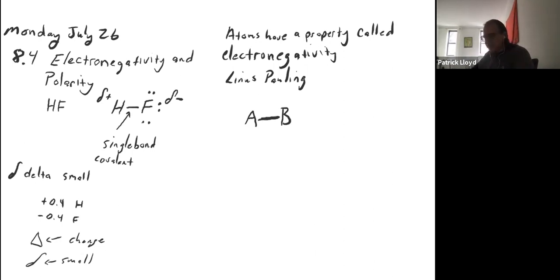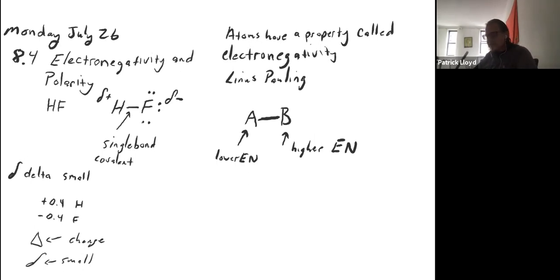And it turns out that if, I'm just going to arbitrarily say that B has a higher electronegativity. So I'm just going to say that this one has a higher electronegativity, and atom A has a lower electronegativity, right? Higher and lower.